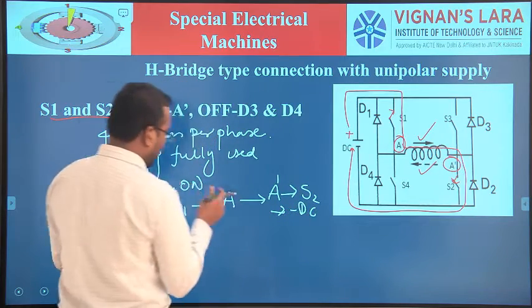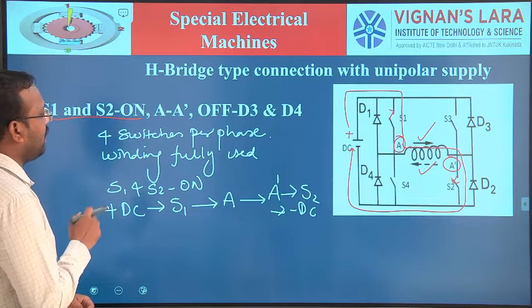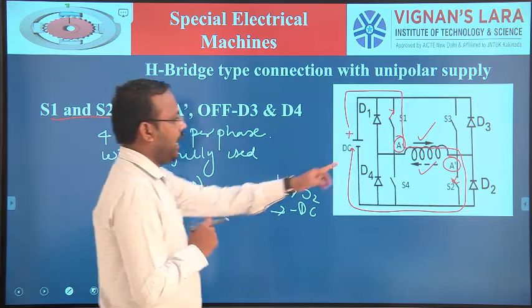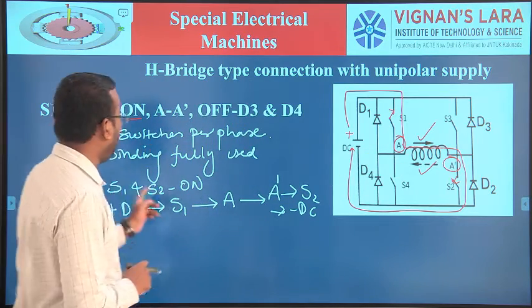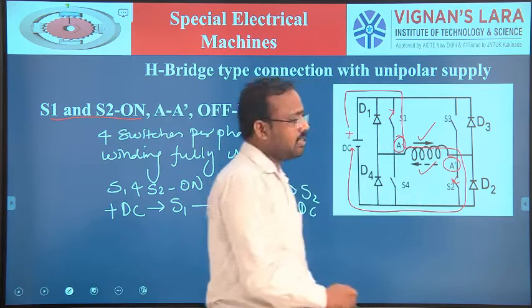This is the direction of current flow. The current is flowing from A to A prime. Fully utilized means the current flows continuously through the full winding. That is called fully utilized.